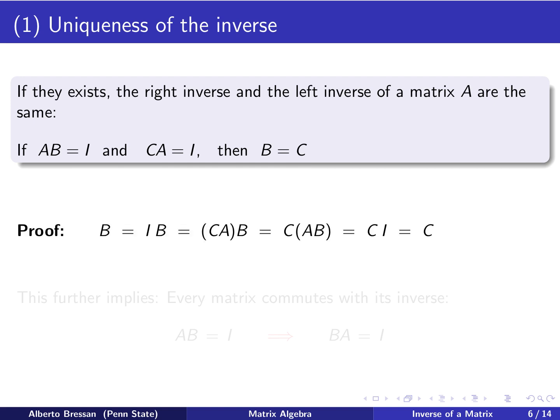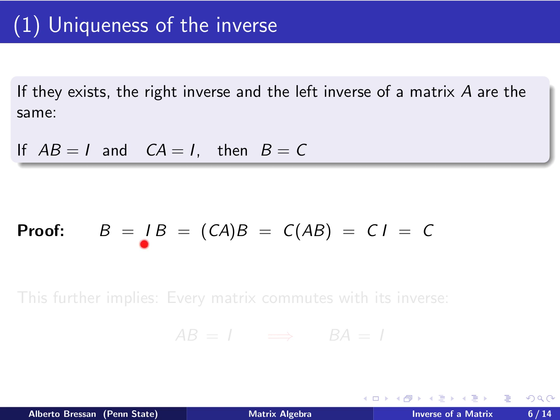Okay, so let's provide a proof. We want to show that B equals C. So what we will do is start from B, and then using these 2 identities and some known properties, we will eventually reach C. Now let's start with B. If I multiply B by the identity matrix, it doesn't change.